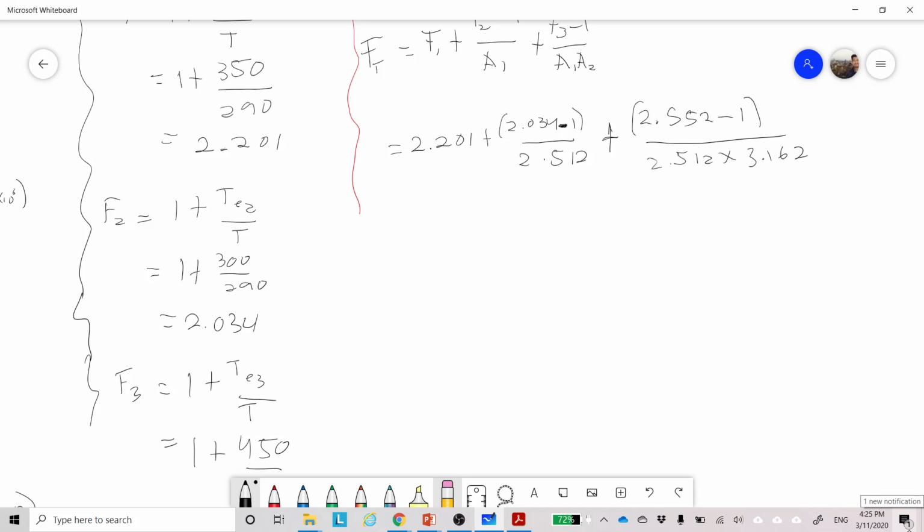Okey. So oleh itu dia bersamaan dengan 2.201 tambahkan dengan 0.412 tambahkan dengan 0.195. Okey, boleh cuba cek bersamaan dengan 2.808.